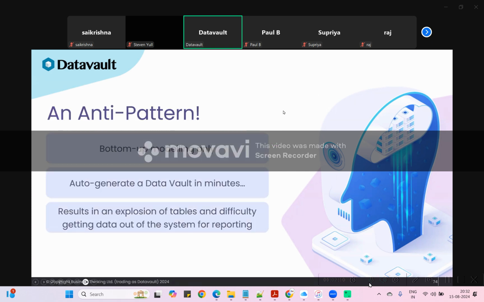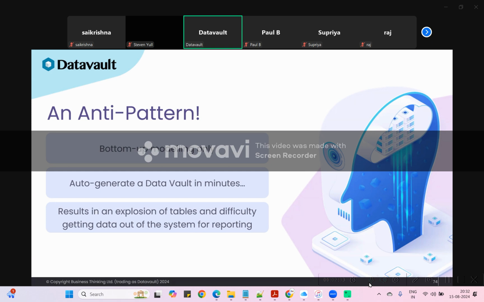Now there's an anti-pattern, so be aware. If you just do bottom-up modeling only, in other words, if you start from the source systems and model a target architecture from those source systems, then you are going to end up with what's called a source system Data Vault, which is mostly guaranteed to fail in terms of project work.